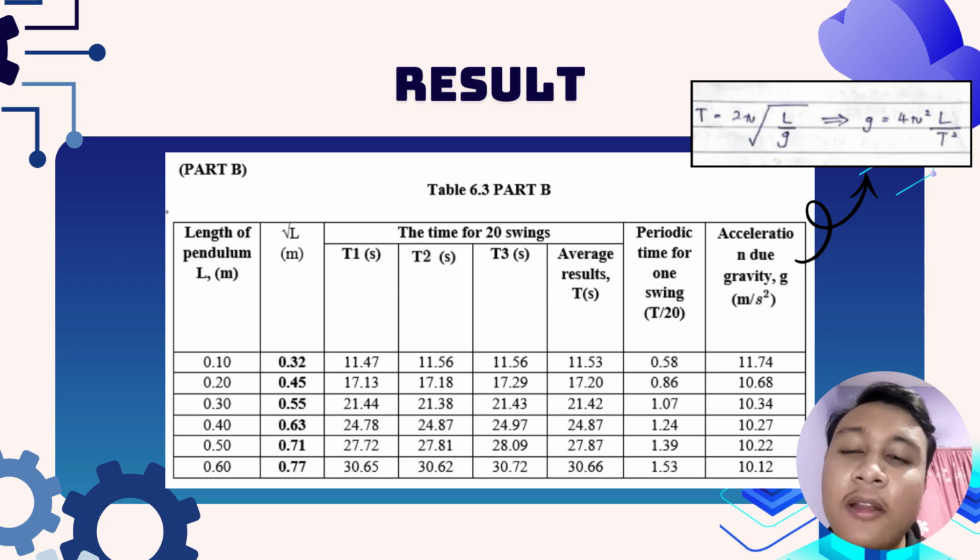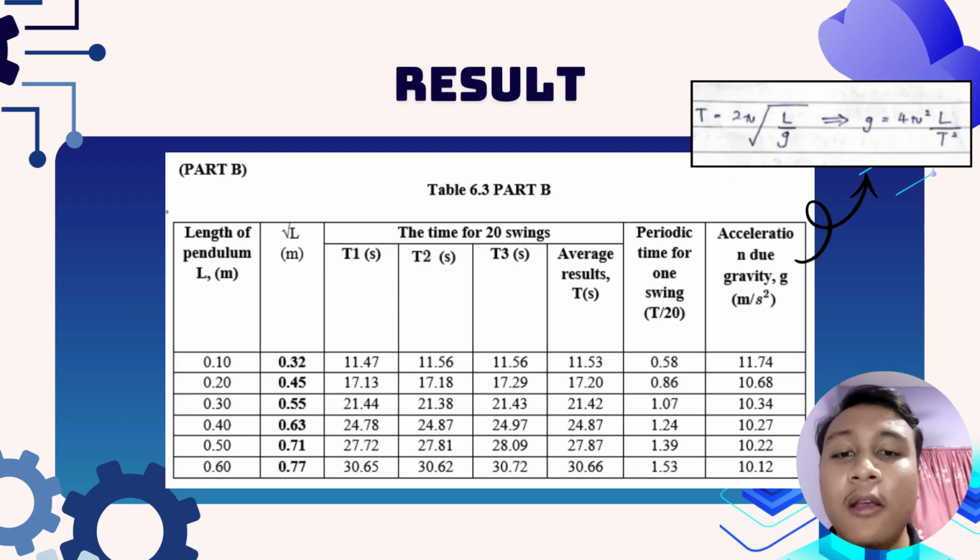Firstly is the length of the pendulum in meters, L, and then we need to write the total time measurement for 3 times, and also calculate the average time, and then find the periodic time for one swing, which is T average divided by 20.